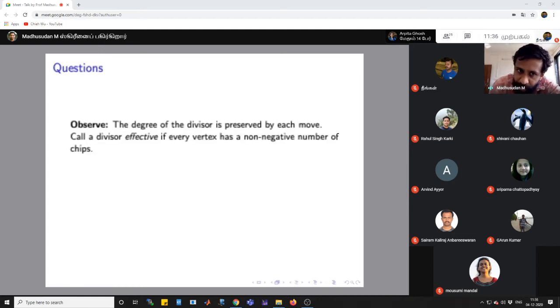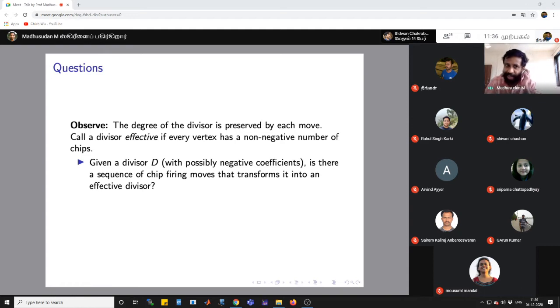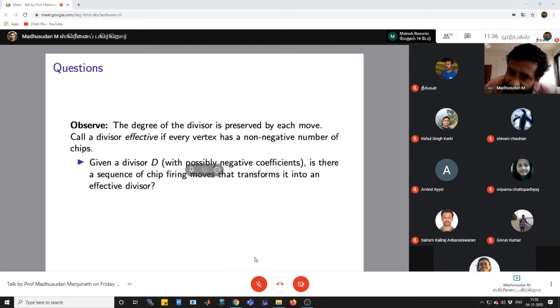So we define effective divisors like this, and then there is a basic question, which is essentially what I just referred to: given a divisor with possibly negative coefficients, is there a sequence of chip firing moves that transforms it into an effective divisor? So all we are asking is, we are given a divisor which may not be ideal.